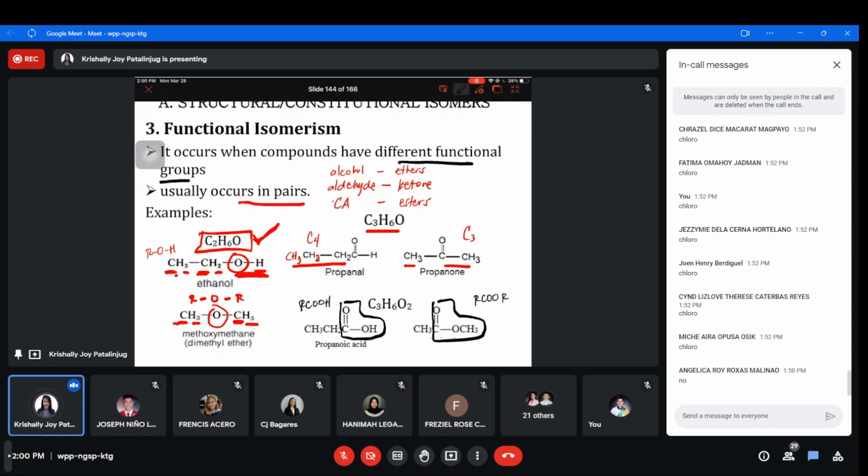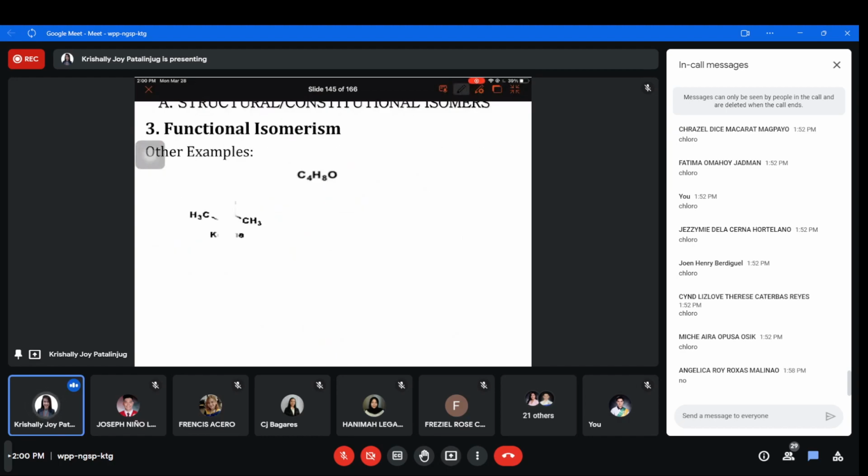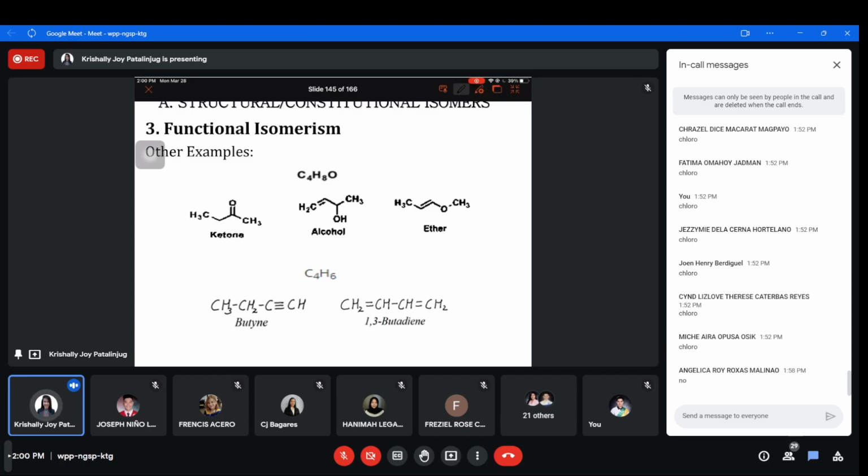That is carboxylic acid. Okay, and these are other examples of functional isomerism. Let me finish lang yun, the structural isomerism. Okay, madali na lang to kasi ito yung pangatlong common structural isomers. So these are other examples, class, of functional isomerism na you will observe.